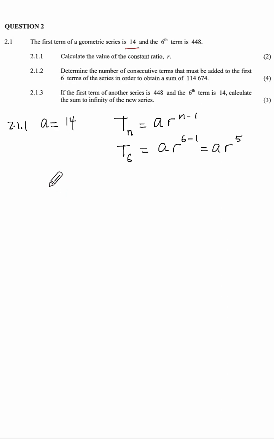So we know that T6 is 448. That means a r to the power 5 is equal to 448. And we know what a is, a is given as 14.